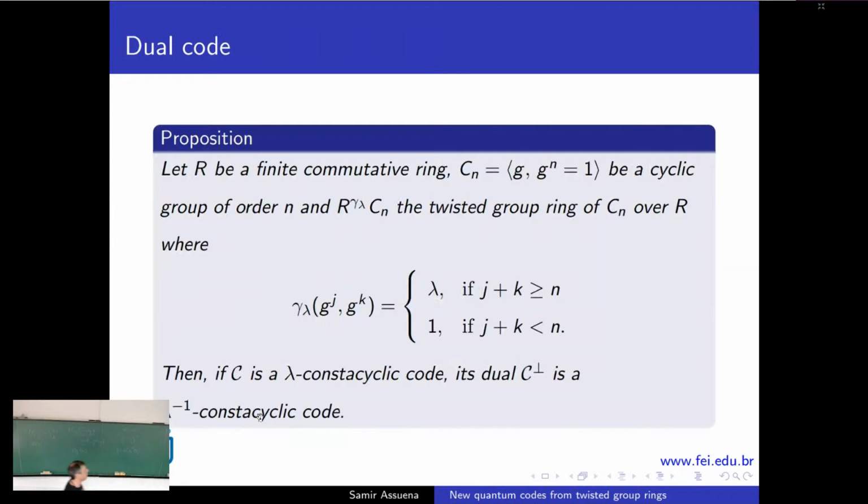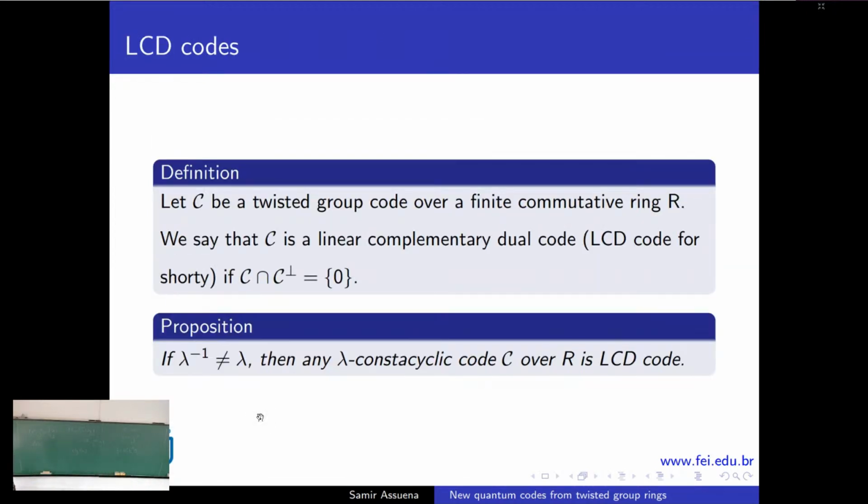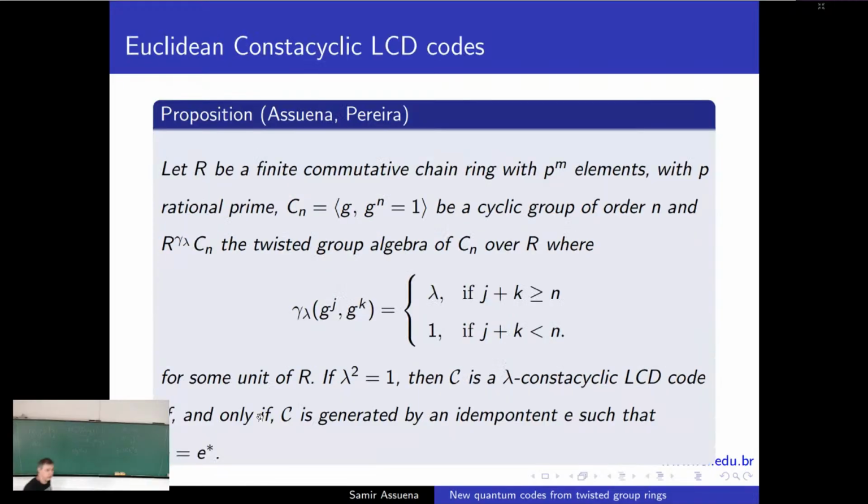And we can prove that if you have lambda constant cyclic LCD codes, this code has to be generated as an ideal by an idempotent element, and this idempotent has to be fixed by the involution.